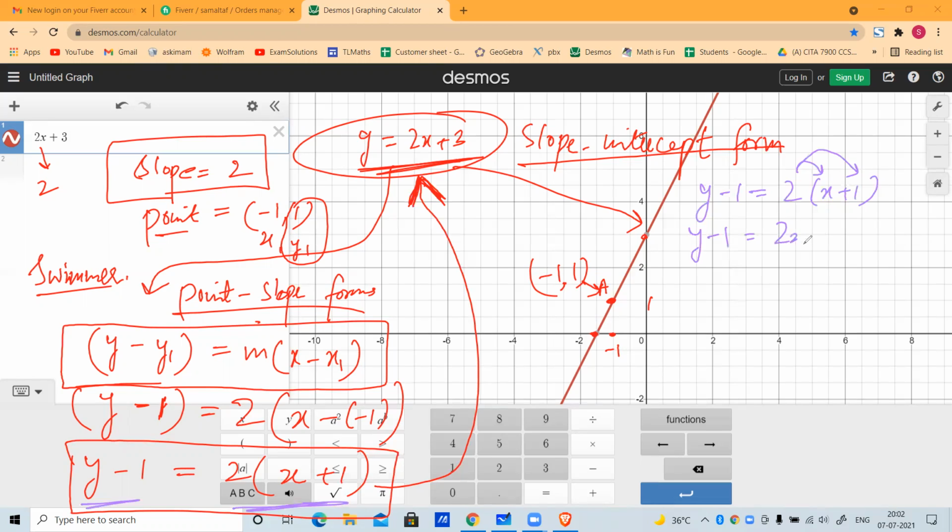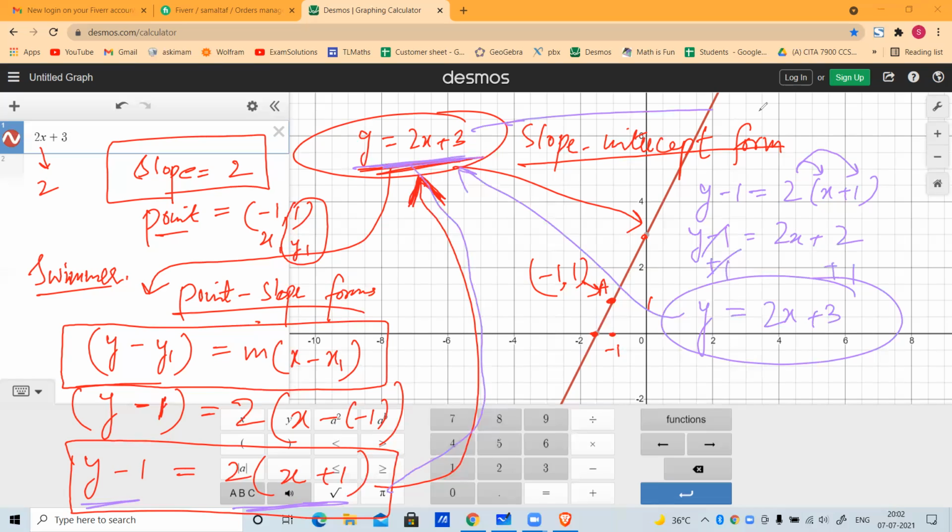Right. So 2 times x plus 2 times 1 is 2. Then I can add 1 to both sides. This -1 and +1 cancel out. y equals 2x plus 3, right? Isn't this the same one here? Yes. So if you write it in this form, y equals 2x plus 3, or in this form, y minus 1 equals 2 times x plus 1, it's one and the same thing.